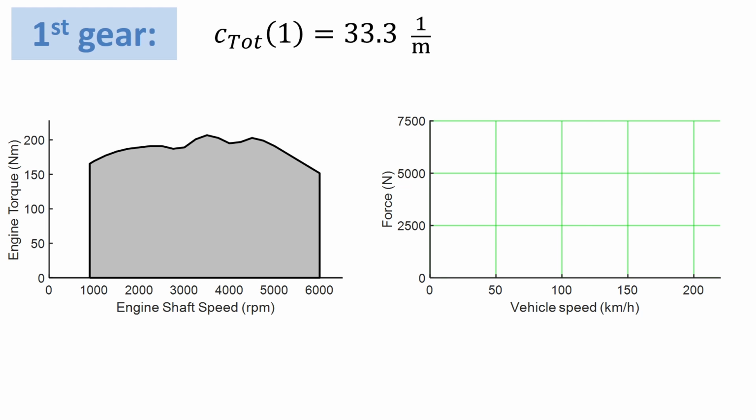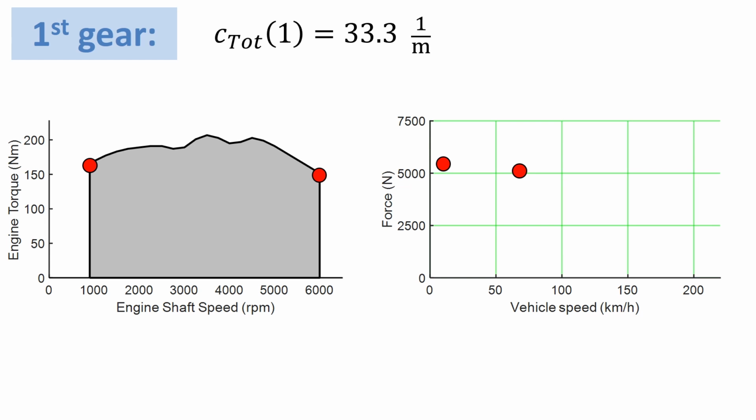We repeat the translation of the engine operating range, but now for the first gear, having a total transmission ratio of 33.31 per meter. The first operating point translates like this. Notice that the higher transmission ratio leads to a higher force than what we got on the second gear, and at the same time it is at a lower speed.